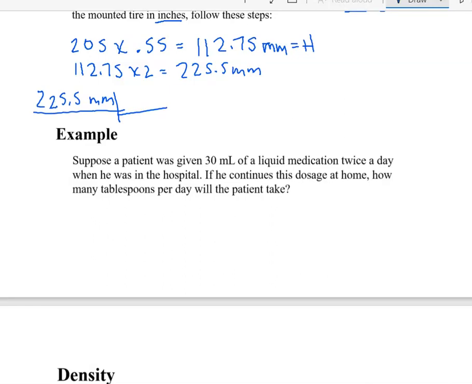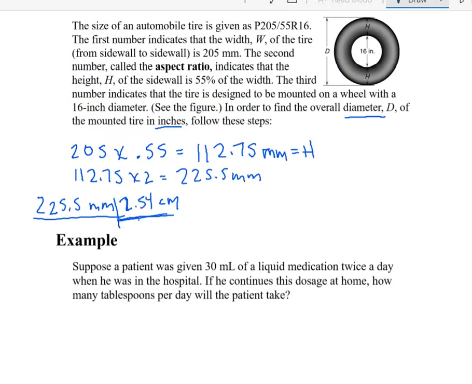I think we're going to want the inches on the top because we want our answer to be in inches.